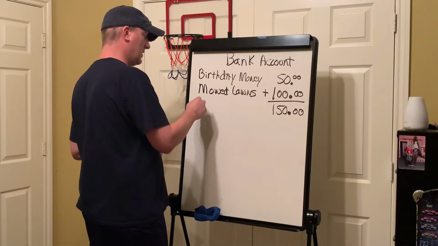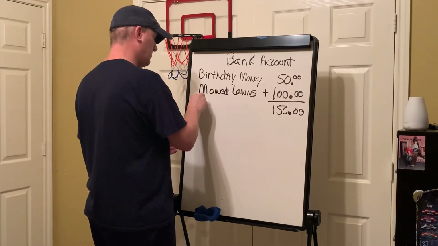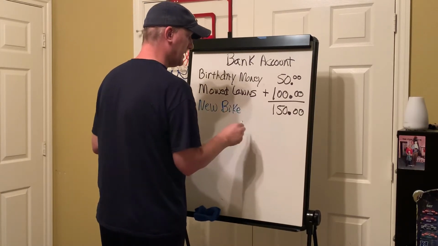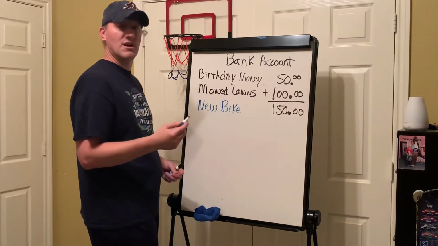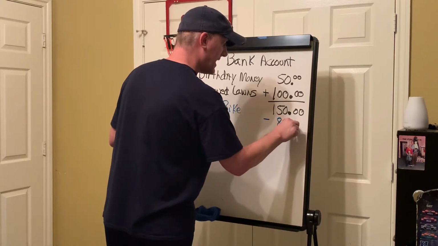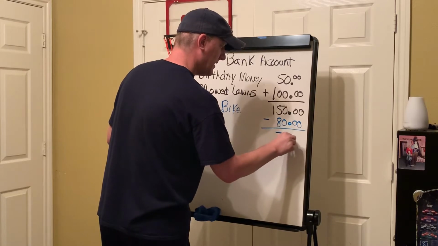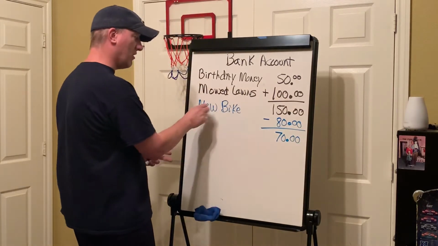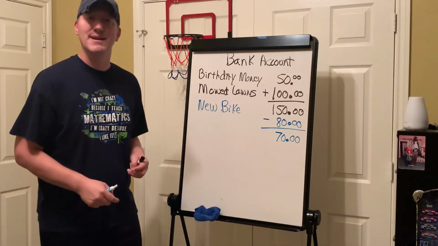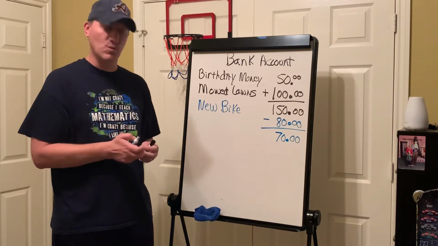So let's say you wanted to buy a new bike. So you write new bike in here and you go down to the bank, and that new bike is going to cost you $80. So you're going to subtract that money out of the bank, and that would be a withdrawal. You would withdraw the money for the new bike. Okay? You take that money out of the bank. That's called a withdrawal.